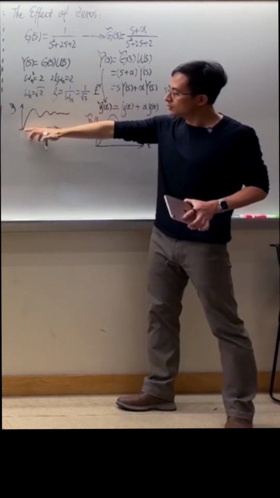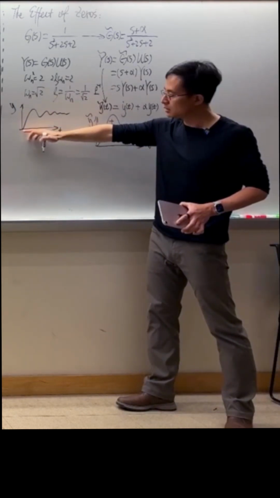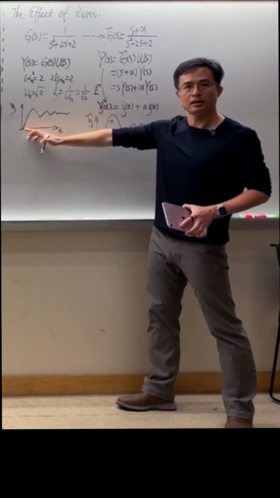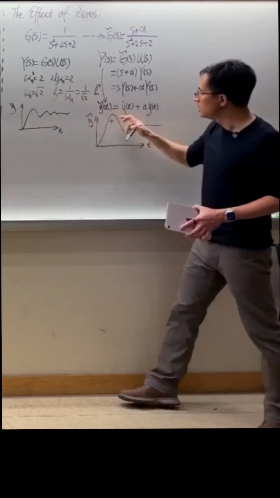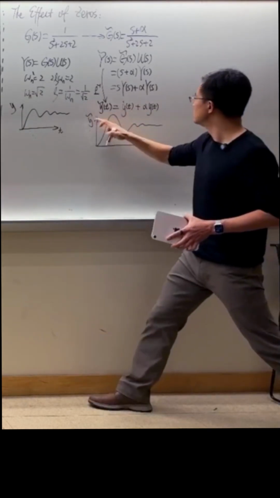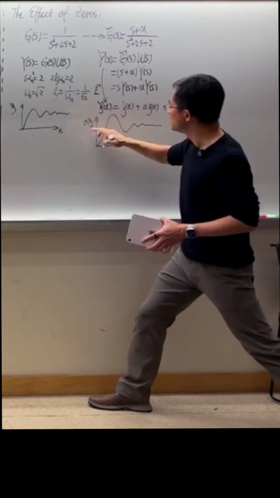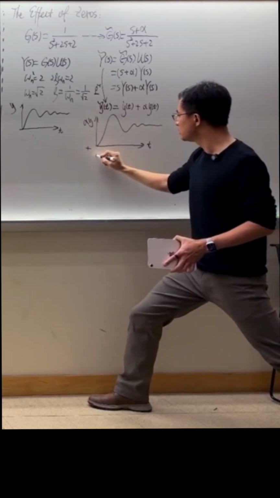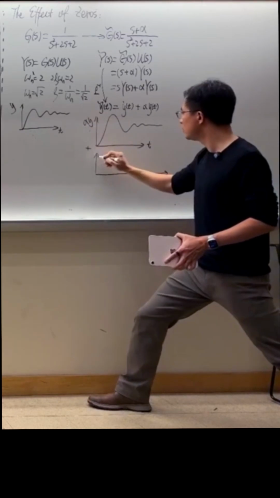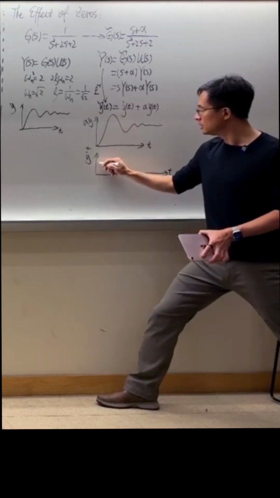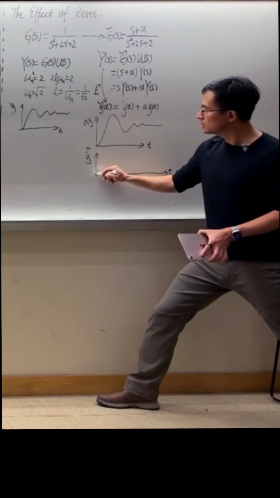Initially the slope is positive, right? It's going up. So initially this value is positive. This is alpha Y, and then we need to do superposition of this with the derivative Y dot. Initially Y dot is positive.